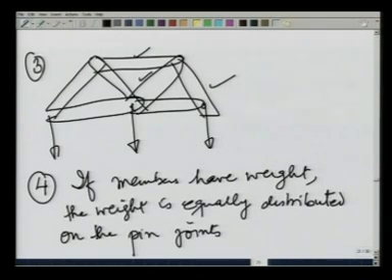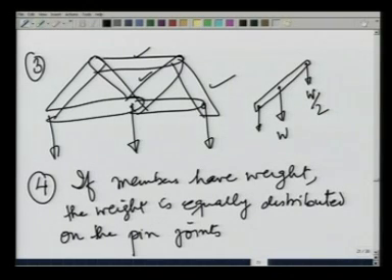That is, for example, if a member has a weight W, then this pin joint bears W by 2 and this pin joint also bears W by 2 of this weight. So, the weight is equally distributed on the pin joints.